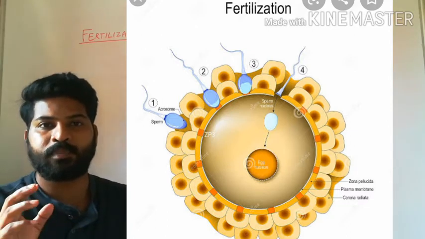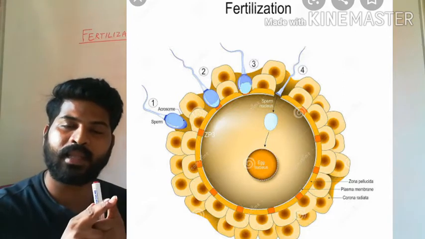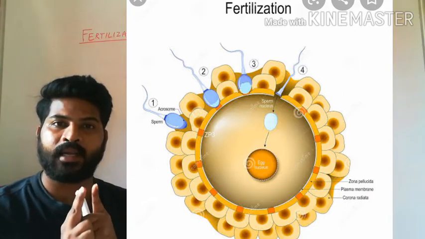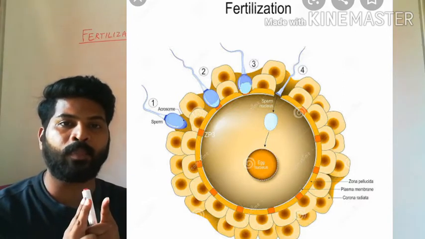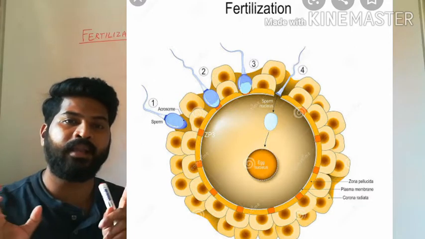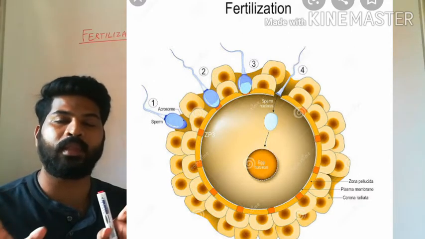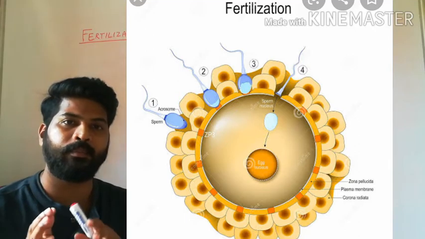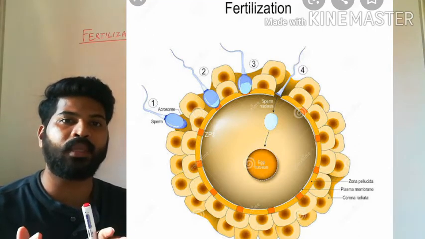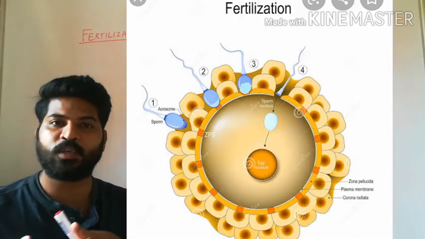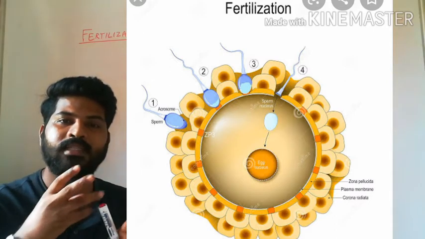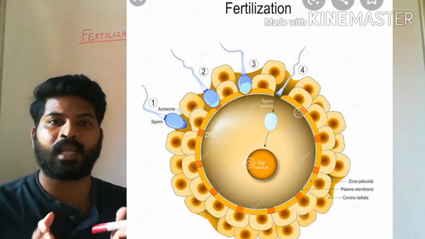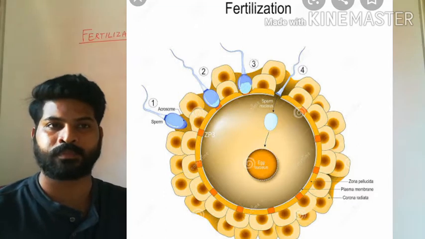As soon as the sperm head fuses with the plasma membrane of the secondary oocyte or ovum, the entry of other sperms will be prohibited. Basically, polyspermy is prevented. This is due to certain membranal changes in the plasma membrane of the ovum.